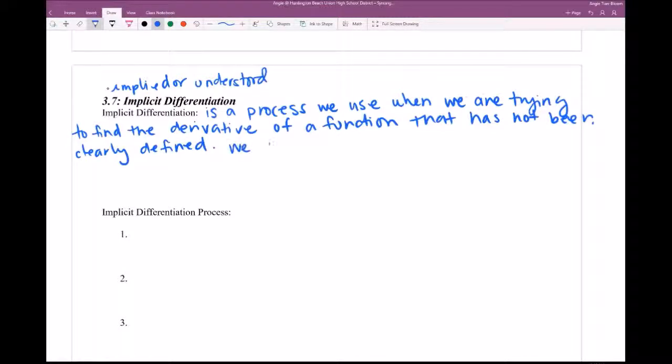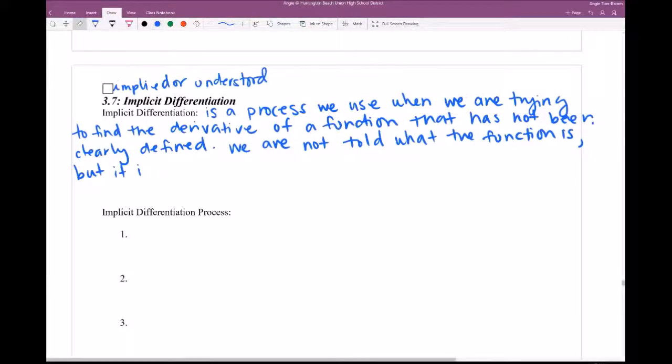We are not told what the function is, but it is implied that it is a function of x.